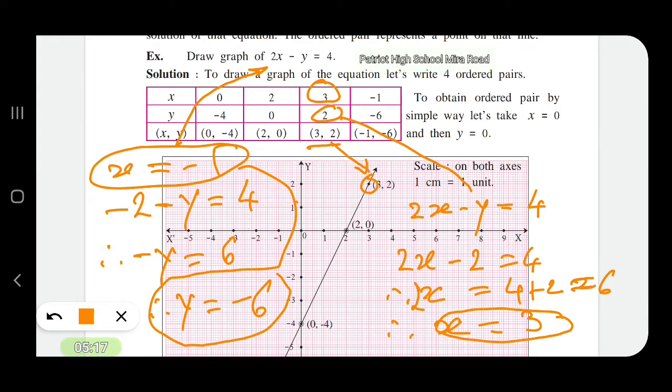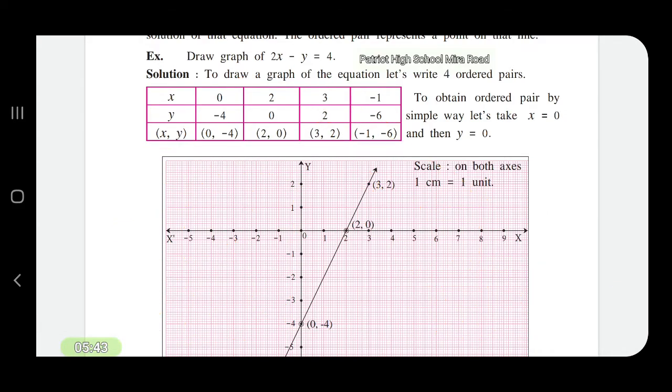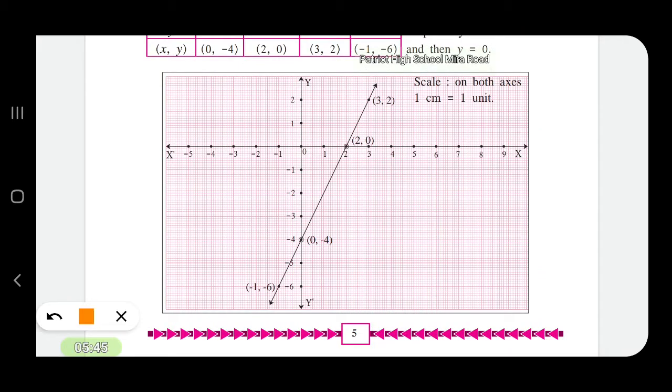So this is the ordered pair here, minus 1, minus 6, and this point minus 1, minus 6 is represented on the graph paper. We will see where it comes. Minus 1, minus 6 will come still below. So your point minus 1, minus 6 will be here.